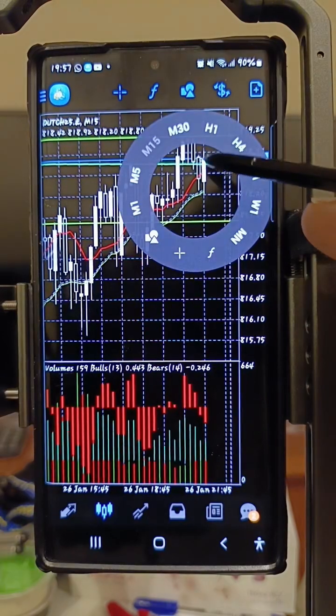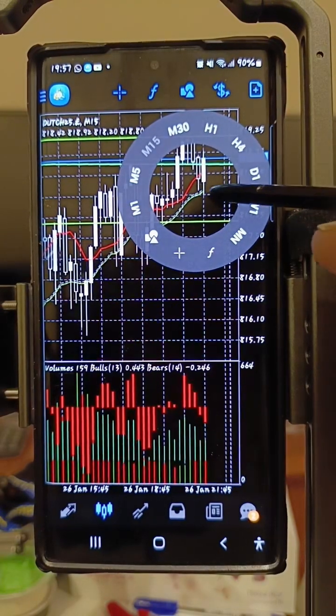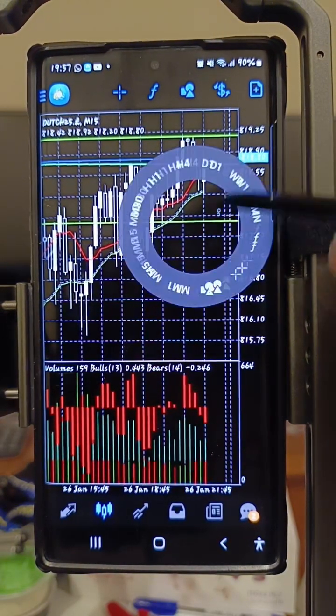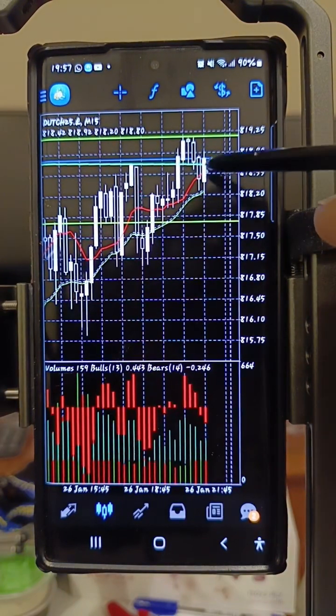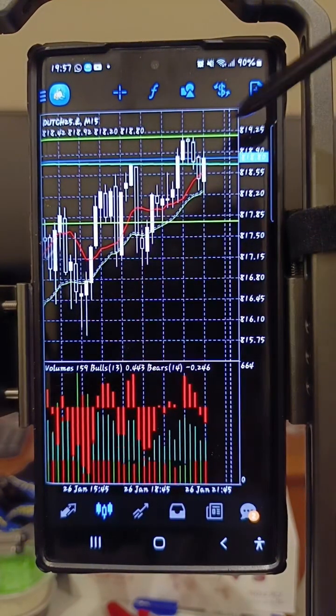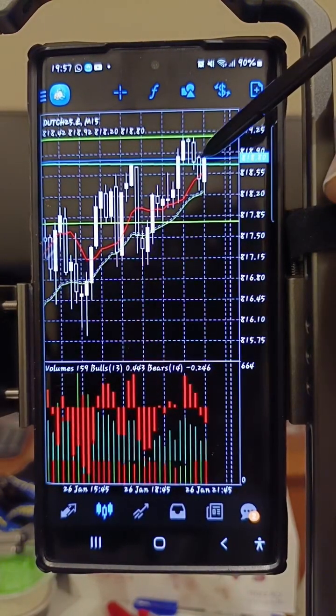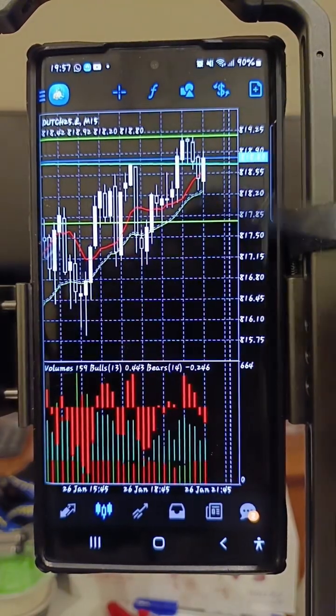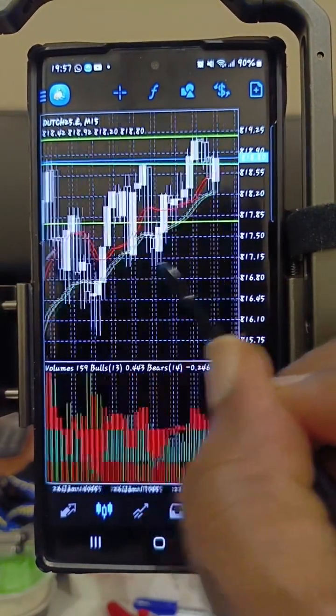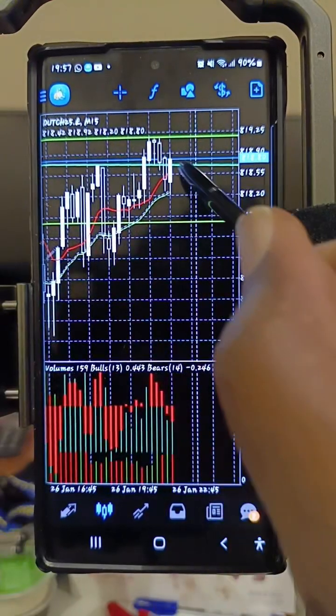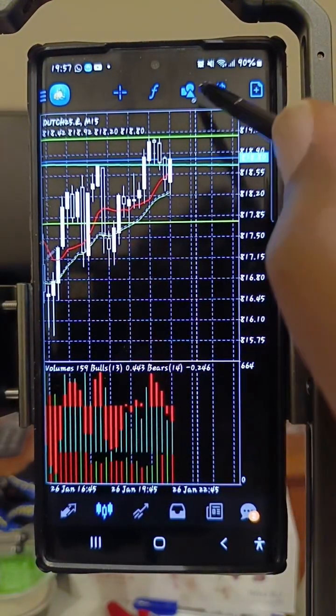So I'm looking to see it go up, pull back within the Asian session range, as long as it doesn't take out any of these, as long as it sits in that range and goes up.